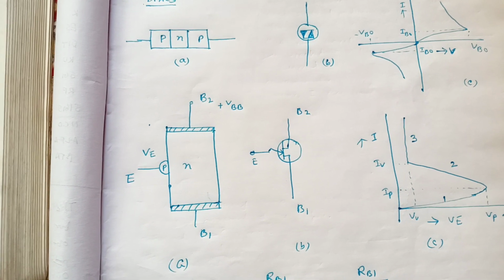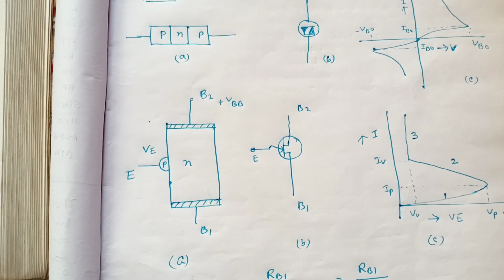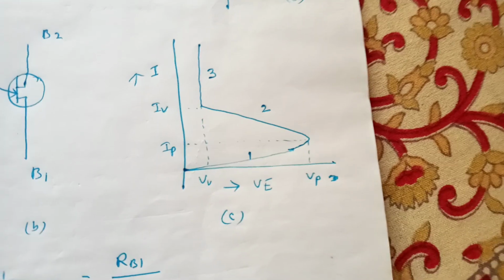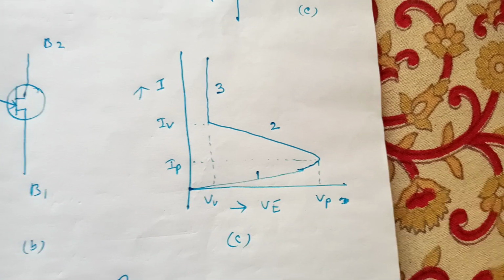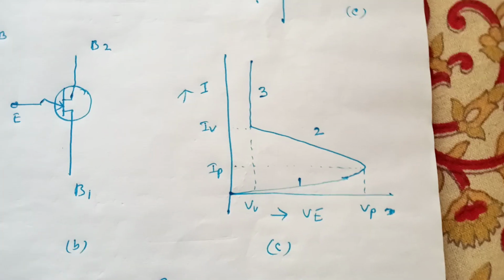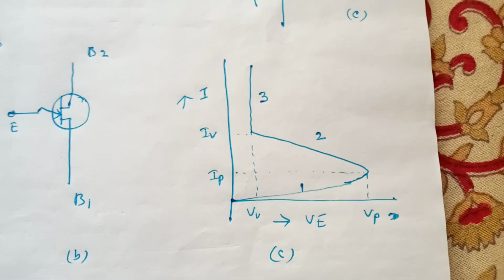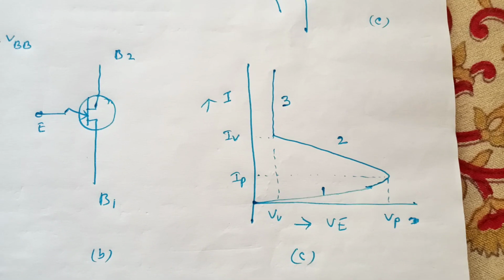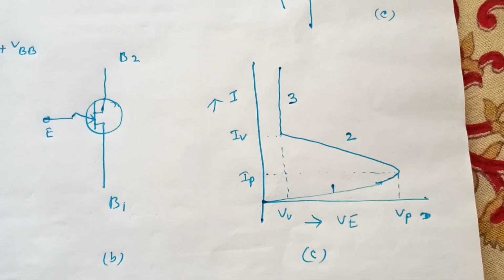This is shown by region 1 of the characteristics shown in figure C. Region 1 is called the cutoff region.